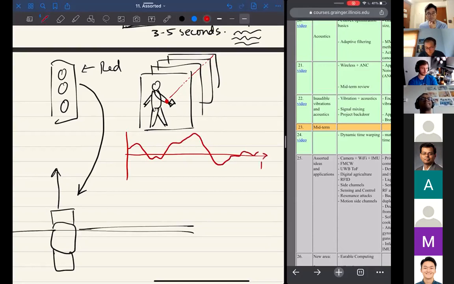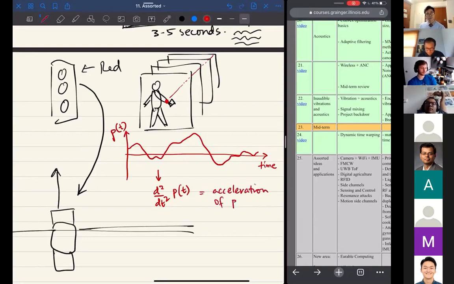But IMU data is acceleration. So I'm going to take d2/dt^2 of p(t), and that should give me the acceleration of p(t), of pixel p.